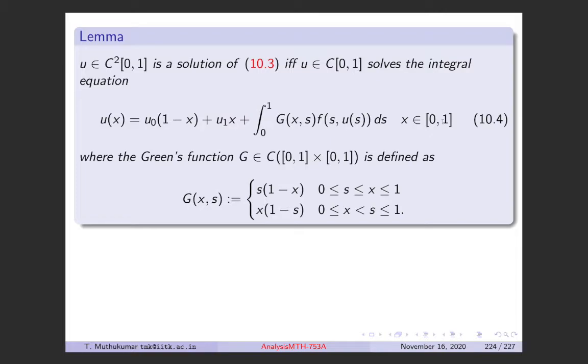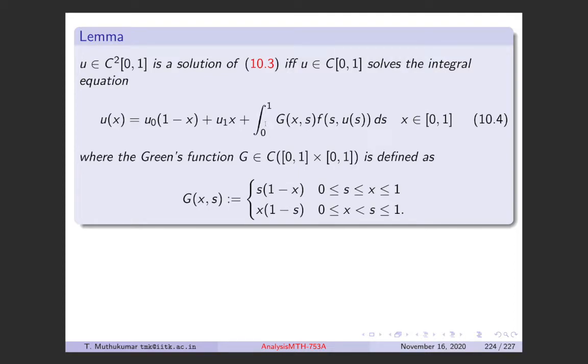Similarly, you do this in all these epsilon balls for every choice of s in this interval, and then patch up the solution. That is where you come up with the Green's function, which convolves with the source term here. f is the source term here.